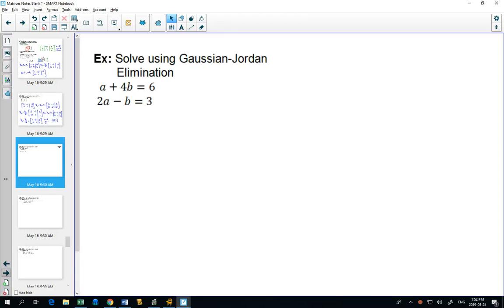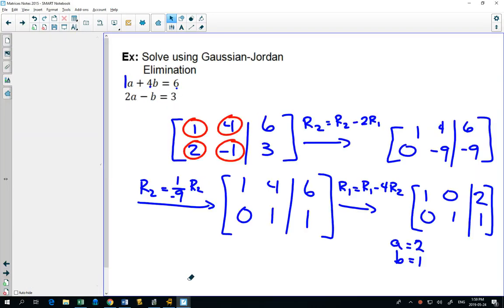Here's one for you to try. After getting the answer, plug it into your calculator to see if you get the same thing. Have you guys finished the first one? Do a check. You get 2 and 1.